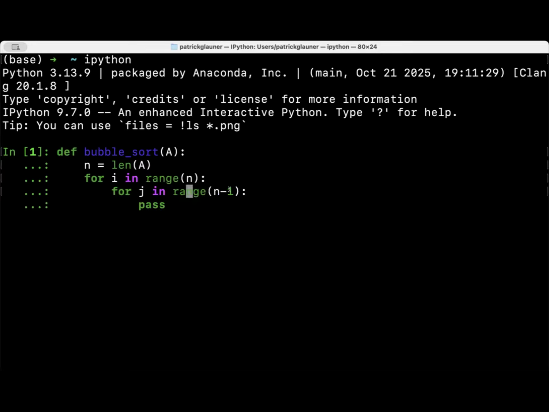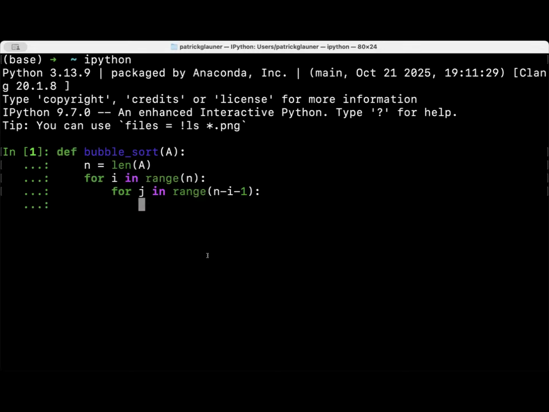But if I do a second pass through the data set, then the last two elements are sorted. So J does not need to run to n minus 1. Actually, it can run to n minus i minus 1, because as the outer loop has passed a second time, the rightmost two elements are sorted and I don't need to look at them any longer.